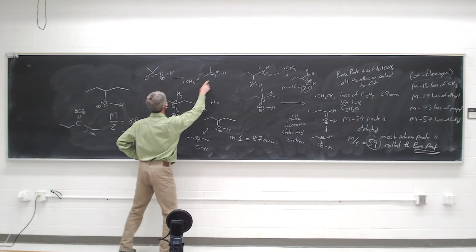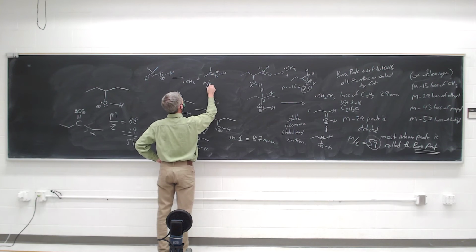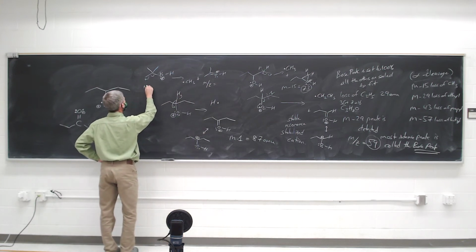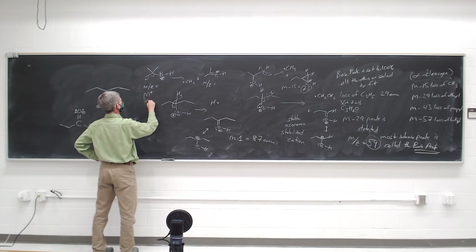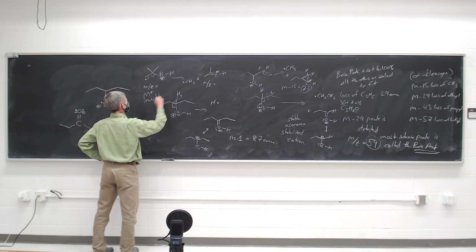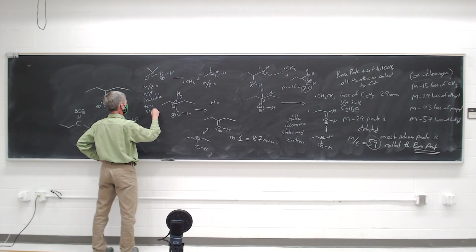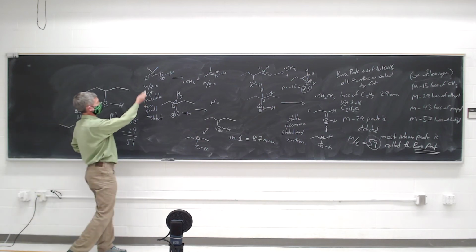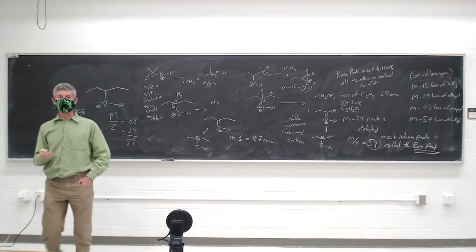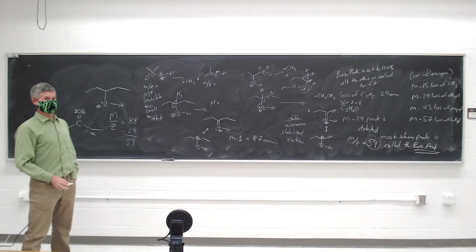All you see is that. All right, so the M+ is invisible. Too small to detect. And you'll actually see that, because I took the mass spec of this product from the Morphling lab, and that mass spec is available to you.